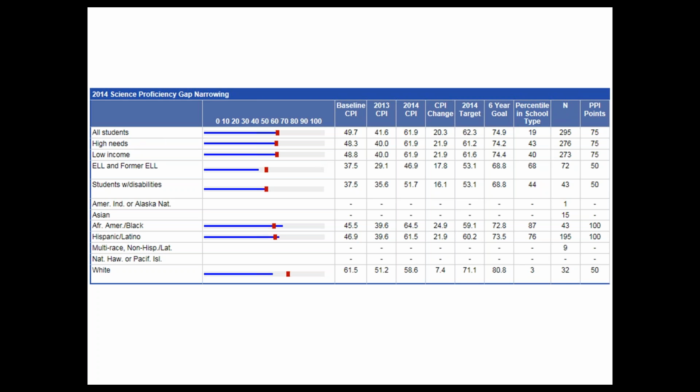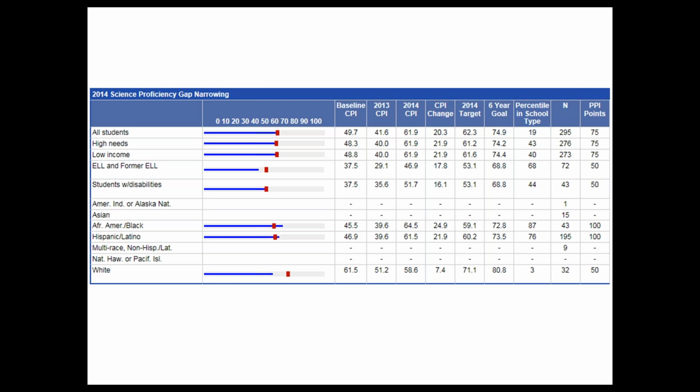And so if you're only tested in 4th grade or 5th grade or 8th grade, the testing in that grade level determines the points for that school, especially if it's an elementary school where you stop at grade 5, you only have 4th or 5th grade students being tested, so you get points based on that one test year.